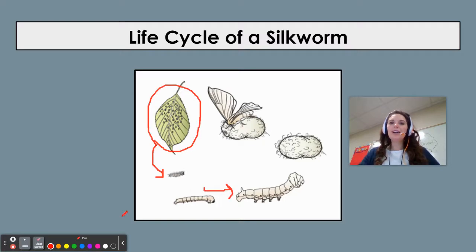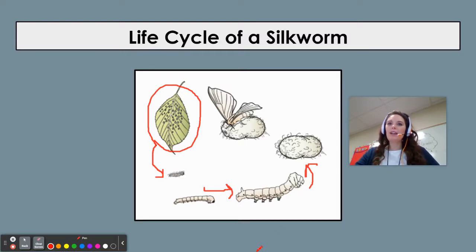You can see here, this is about the stage that our silkworm is in now. It is getting longer and thicker. Next, when it is ready to become an adult, it spins a silk cocoon. Inside the cocoon, the silkworm will turn into a pupa form.